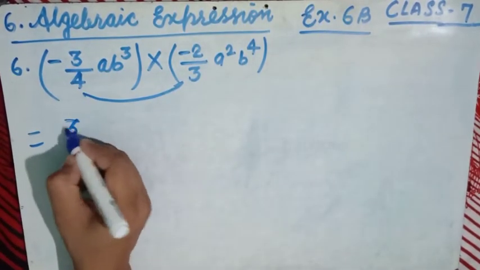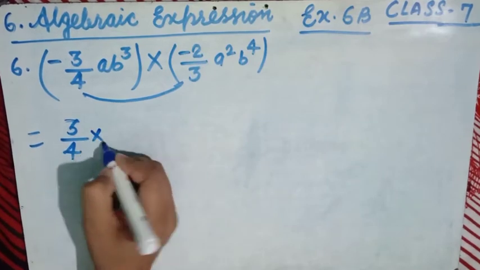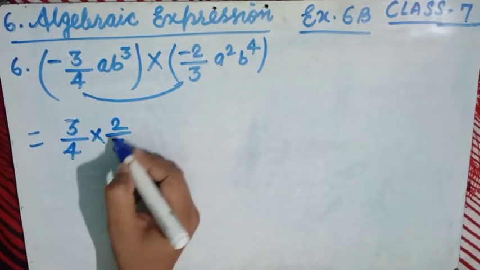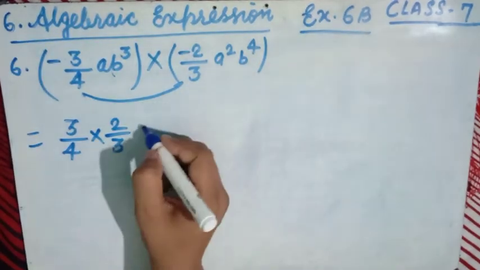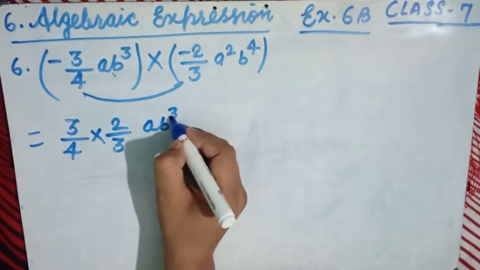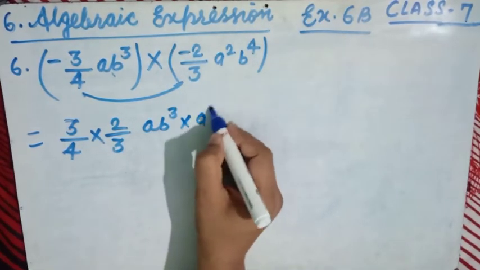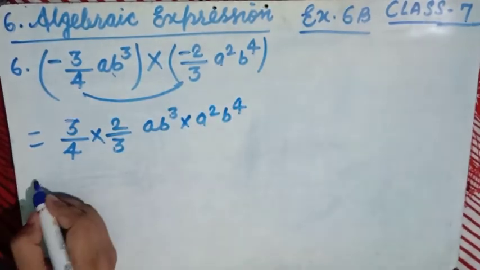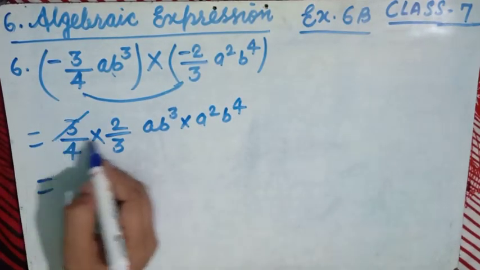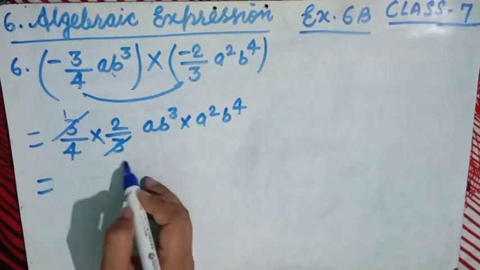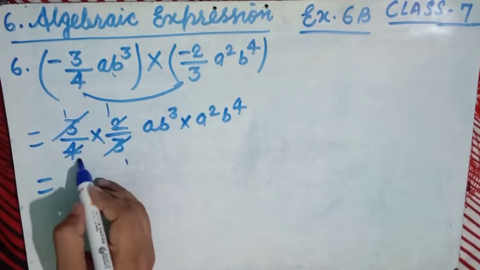Now 3 by 4 multiplied by 2 by 3. Now multiply the variables, a b cubed into a square b raised to power 4. Here in the numerator and denominator, 3 will get cancelled, 3 ones are 3, and 2 ones are 2, and 2 twos are 4.